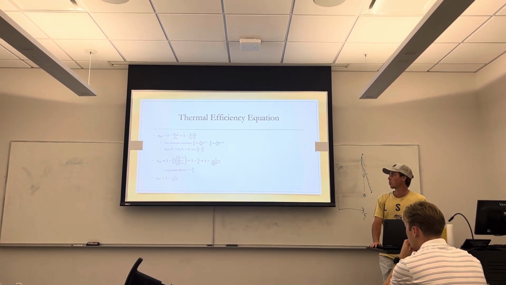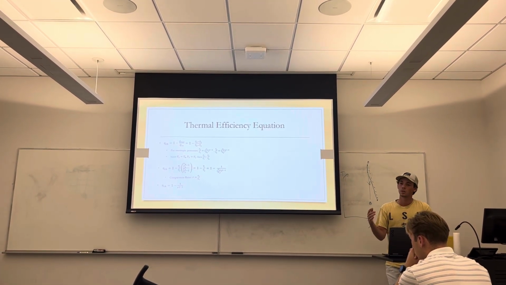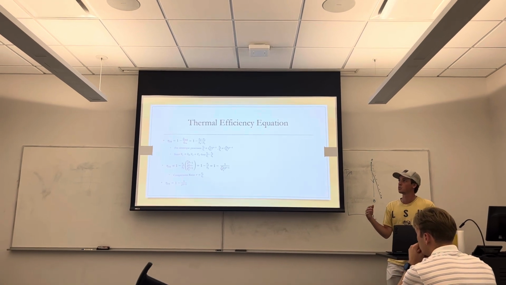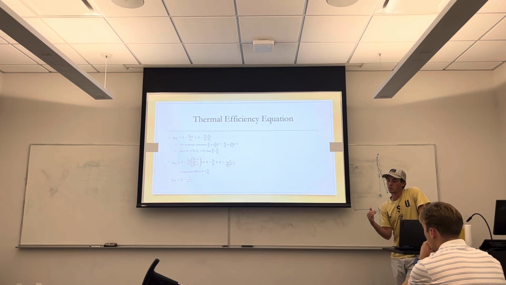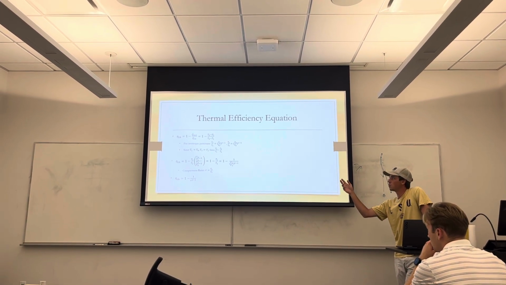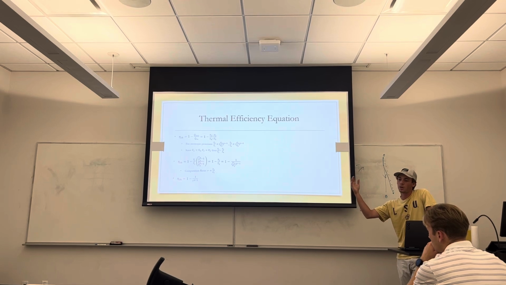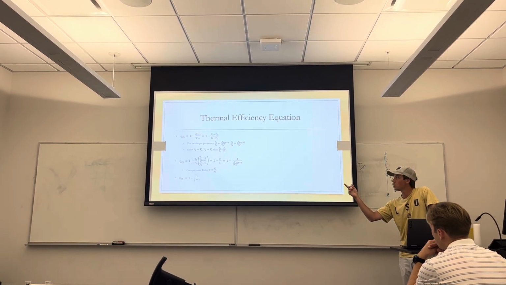For an isentropic process, one temperature divided by the other is going to equal the volume ratio, but reversed from your temperatures. So T2 over T1 is going to equal V1 over V2 to the power of your specific heat ratio minus 1.